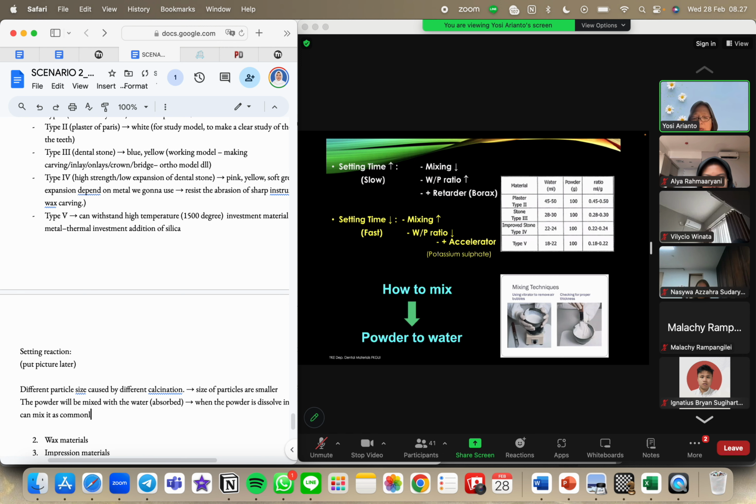Then you put it in the vibrator to remove the air bubbles. After you know that the air bubbles are gone, then you can put the mix in the alginate.